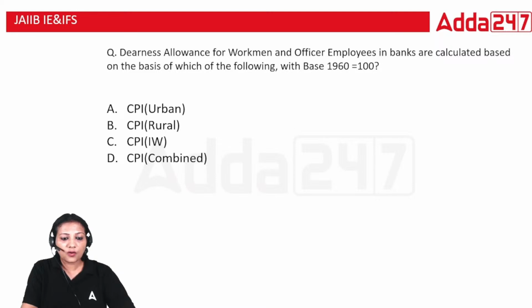So DA of workmen and officer employees in banks are calculated based on which of the following. And the base here that is taken is 1960, and if that is calculated, that is considered as equal to 100.